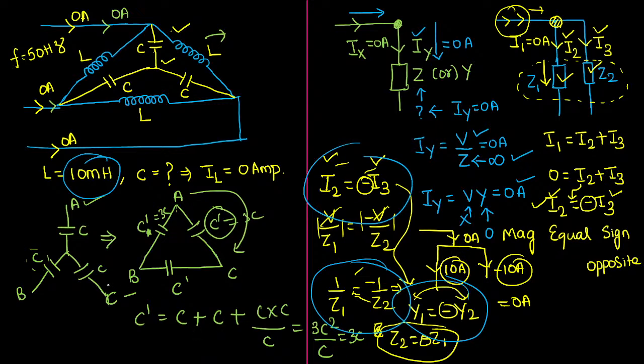Now when we are going from star to delta, how does it become C by 3? So we are going from star to delta only. So this is 3C, this is C, this is also C, right? So when we are going to the delta connected system, it will be equal to 3 times the star connected system.